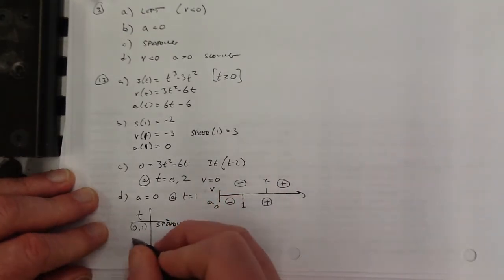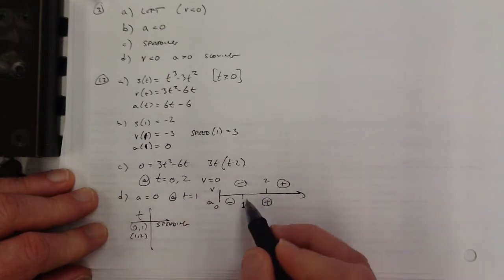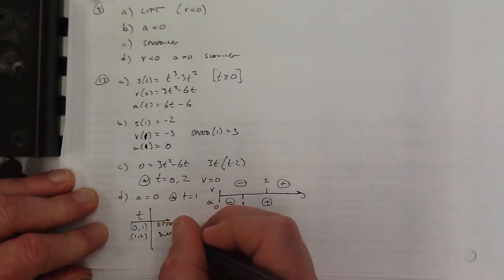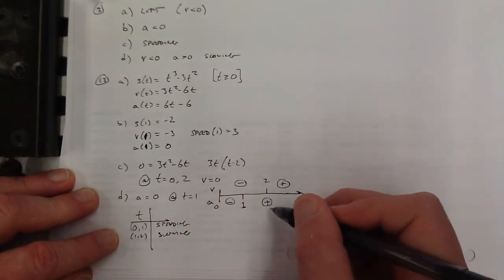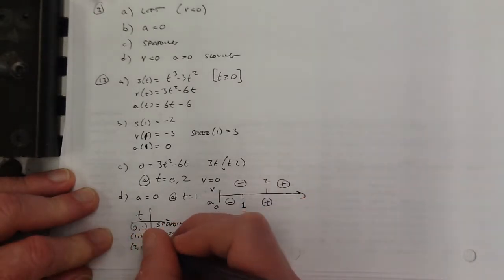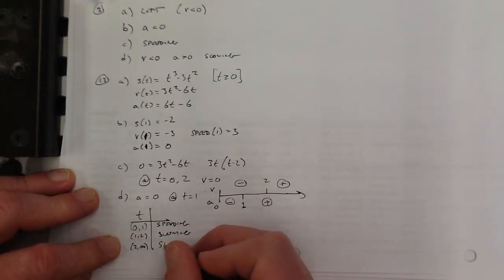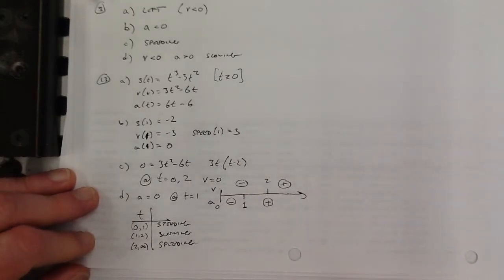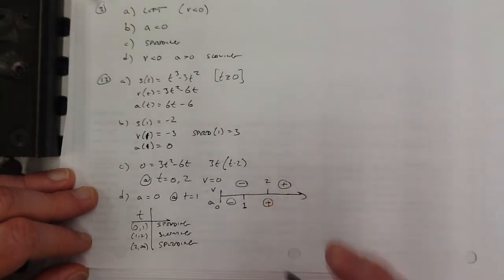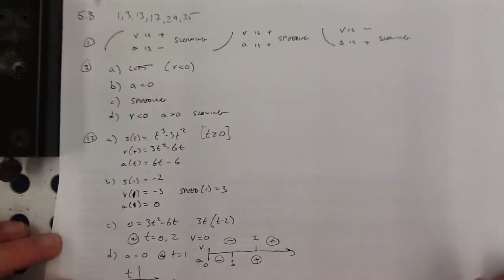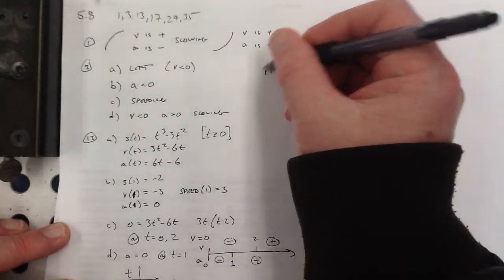From 1 to 2, they disagree with each other, so we're slowing. And from time 2 to forever, we're speeding again. So this is just like a sign chart with the first and second derivative, right? Same idea. Actually, not just same idea, it's really exactly the same thing, isn't it?